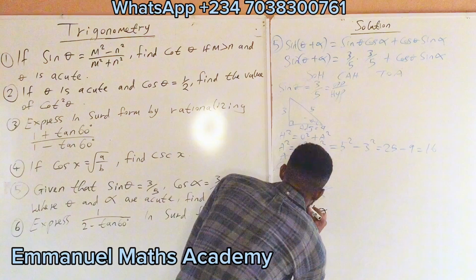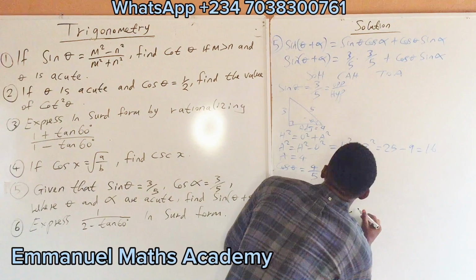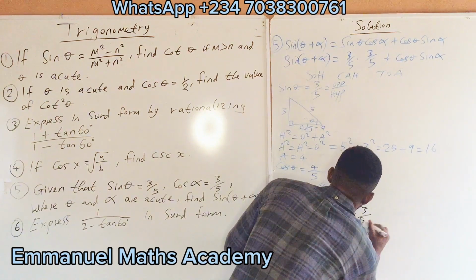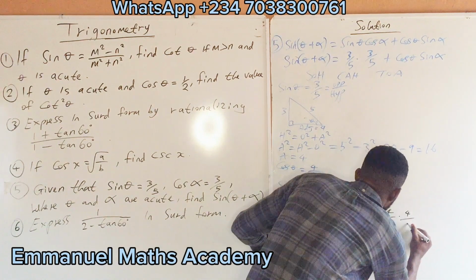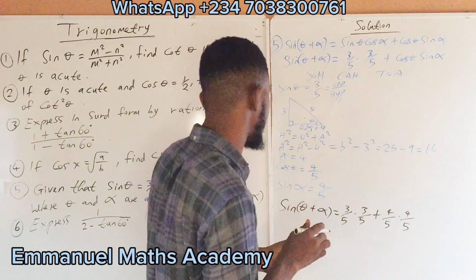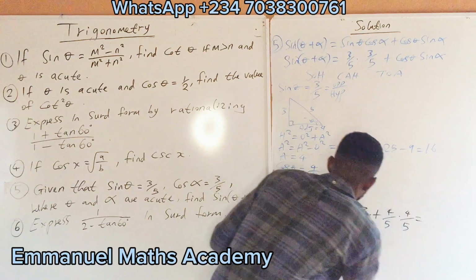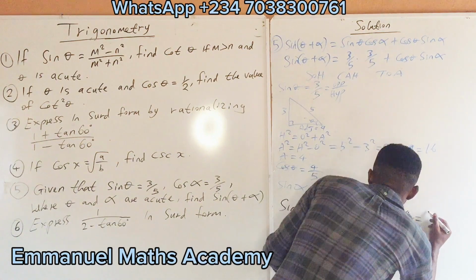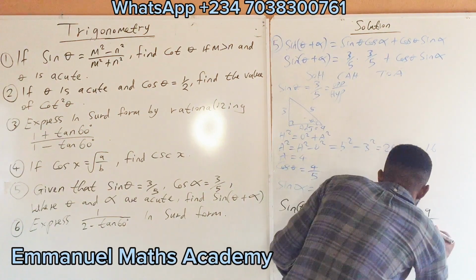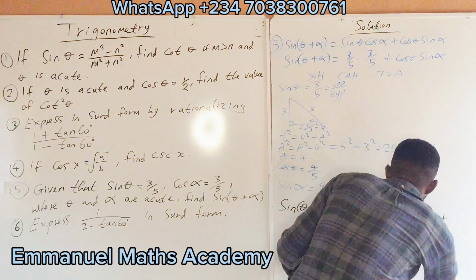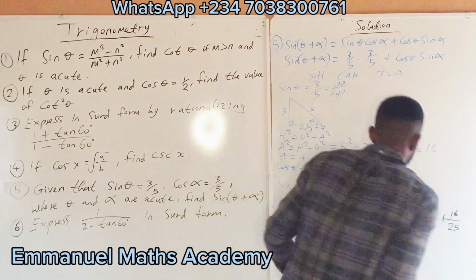Hence, from this, we have that our sine theta plus alpha is equal to 3/5 times 3/5 plus 4/5 times 4/5, right? This time this will give you 9/25 plus 16 over 25.